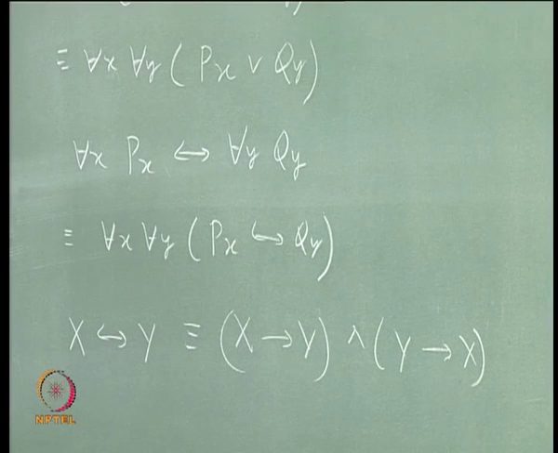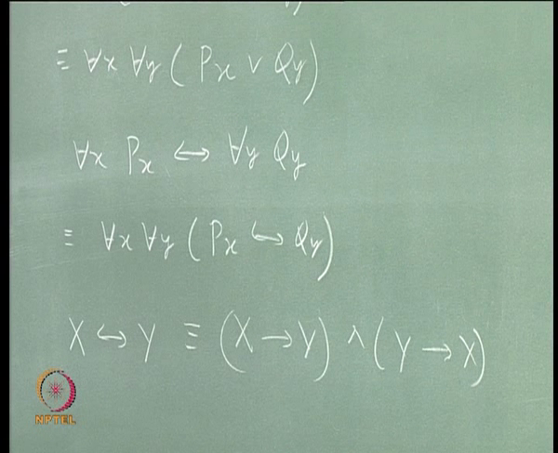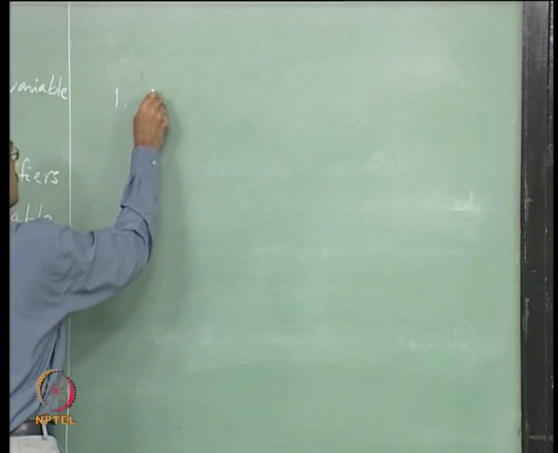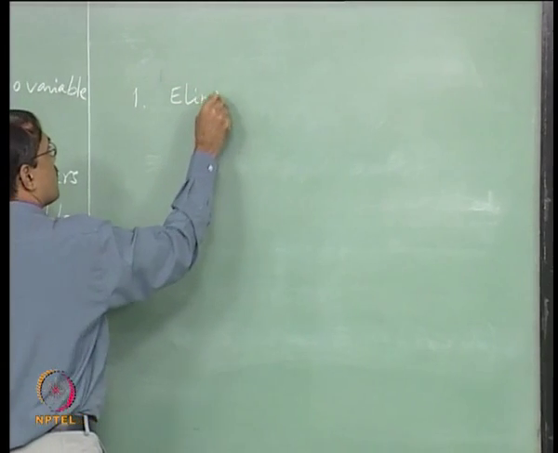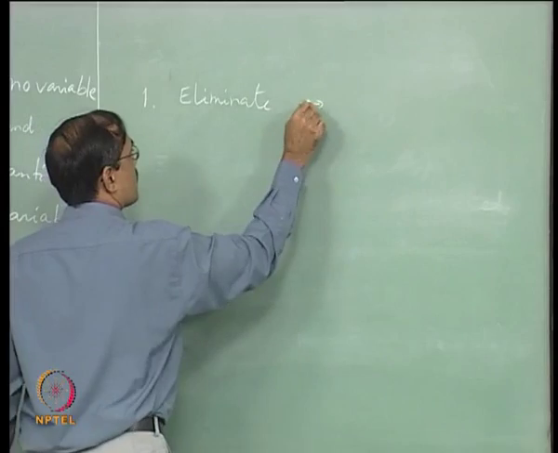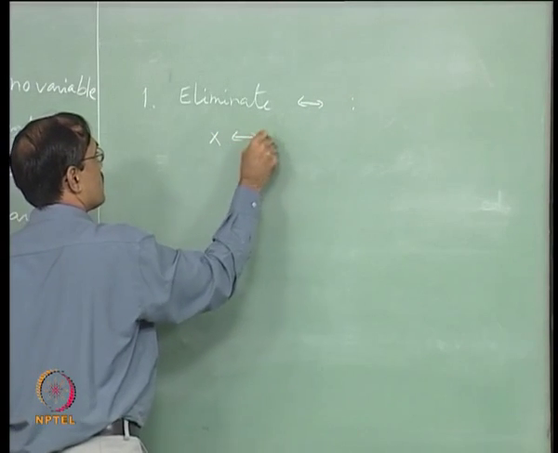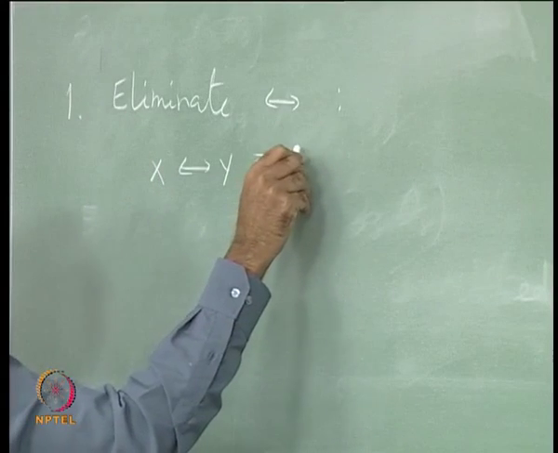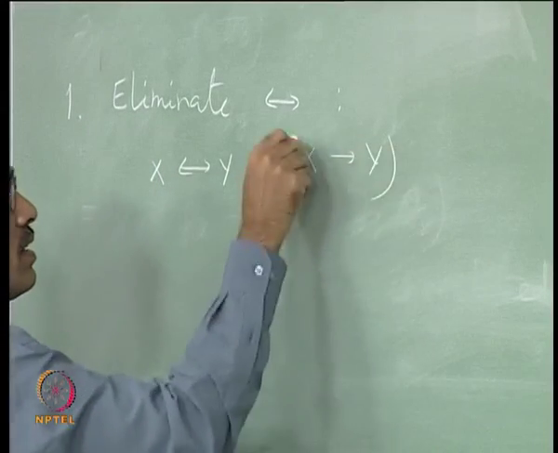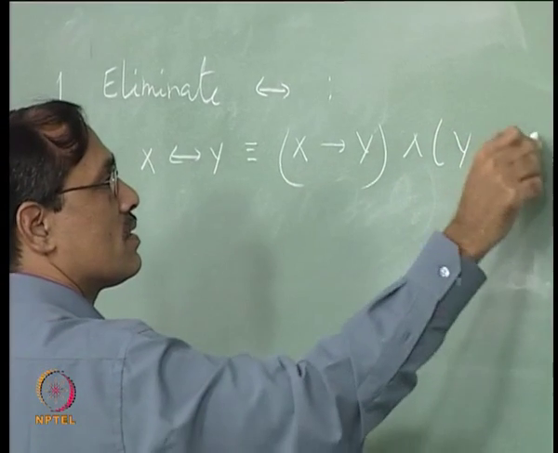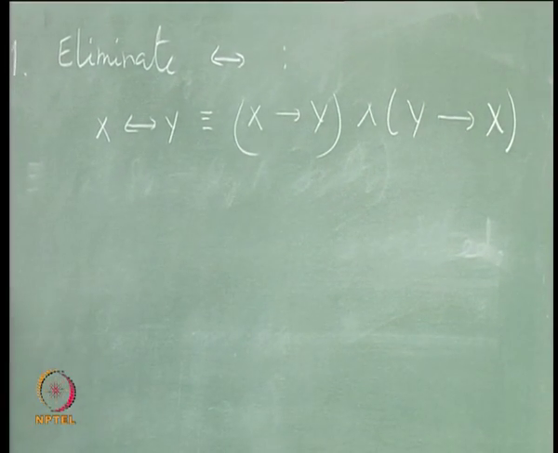So, once that is realized, we can go for the procedure of how to proceed. So, this we will be writing as, starting from elimination of the biconditional. So, first we would like to eliminate biconditional by using the equivalence x biconditional y is equivalent to x implies y and y implies x, right.